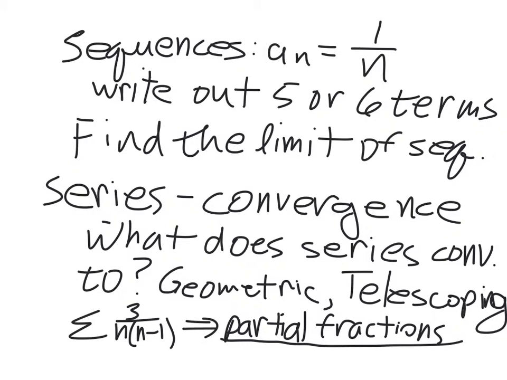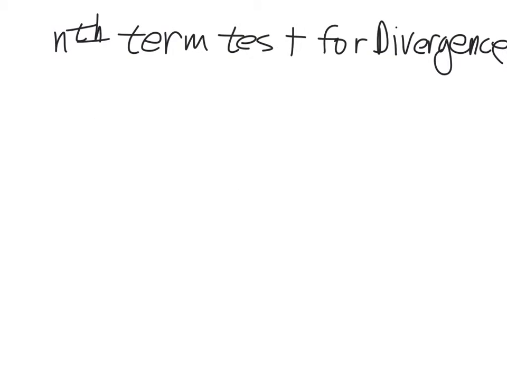Okay. So geometric, telescoping, the first two types of series we looked at, and whether it converges or diverges. Questions so far on that? The next particular test we looked at was the nth term test for divergence.